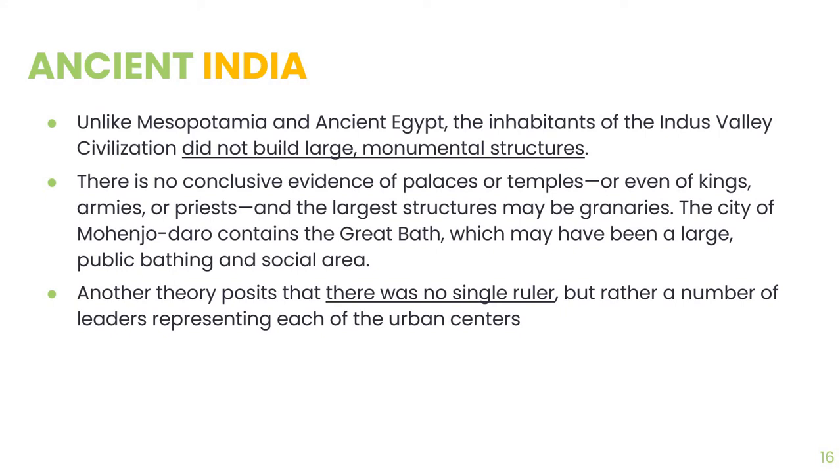Granaries. Ano ba yon? Yung mga tambakan lang na mga food. Okay? The city of Mohenjo-daro contains the Great Bath, which may have been a large public bathing and social area. In fact, if some of you have already watched documentaries, even today, India today, they have public bathing area.